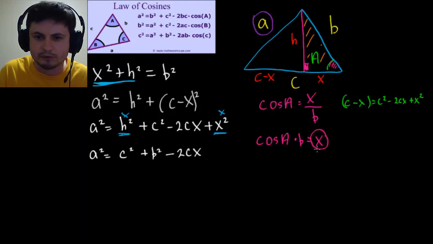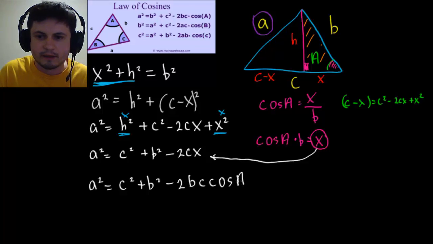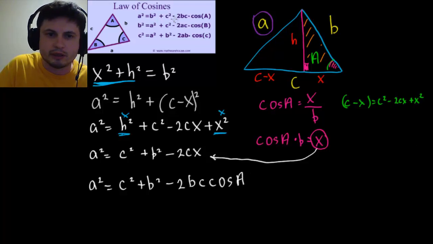So let's replace them to get the following: a squared equals c squared plus b squared minus 2bc cosine A. And if you look at this table that I had all this time, it's exactly what it says right here.